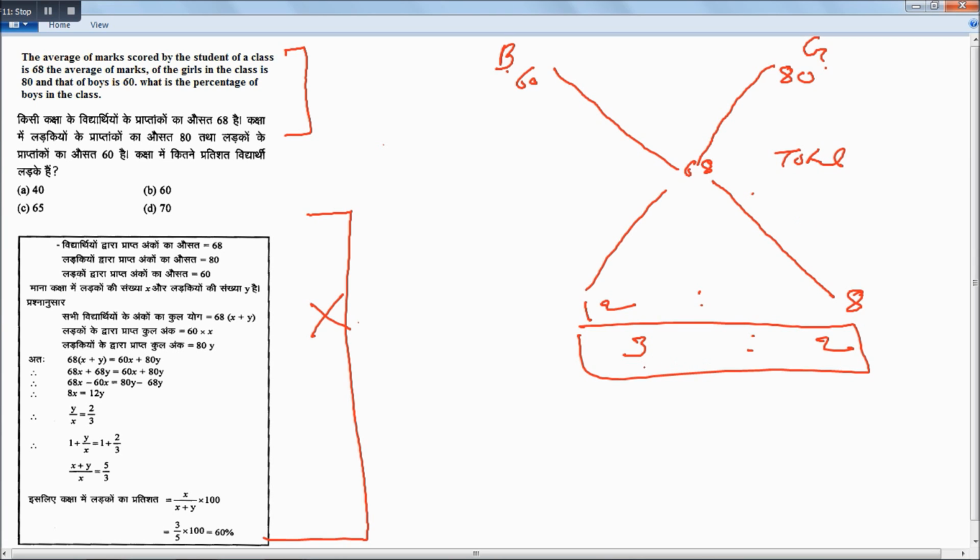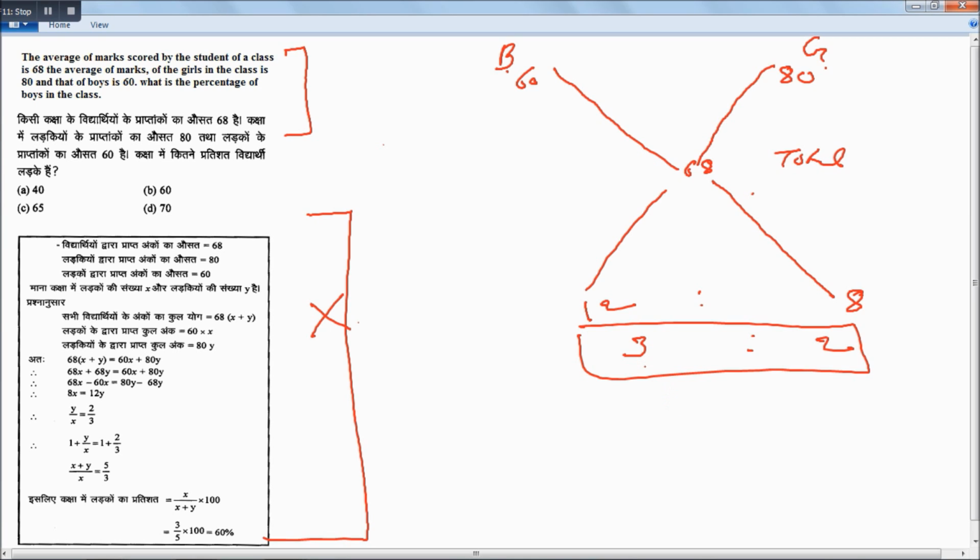Now we can say the number of boys in the class is 3 and the number of girls is 2. So according to us, the total number of students in the class is 5. But according to the question, the total number of students in the class is not given. It doesn't matter, because the question is what is the percentage of boys in the class.